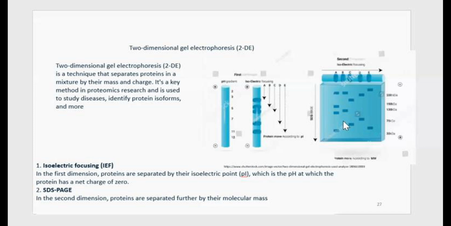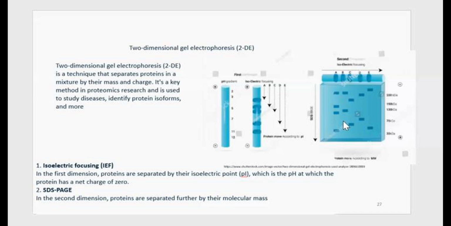If you have chosen a pH which is below the isoelectric point of the sample, then it will have net positive charge, and it will migrate towards the cathode. So this is very important to remember, that when you are loading the sample, the proteins initially at a pH region below the isoelectric point will carry net positive charge, and will move towards the cathode.